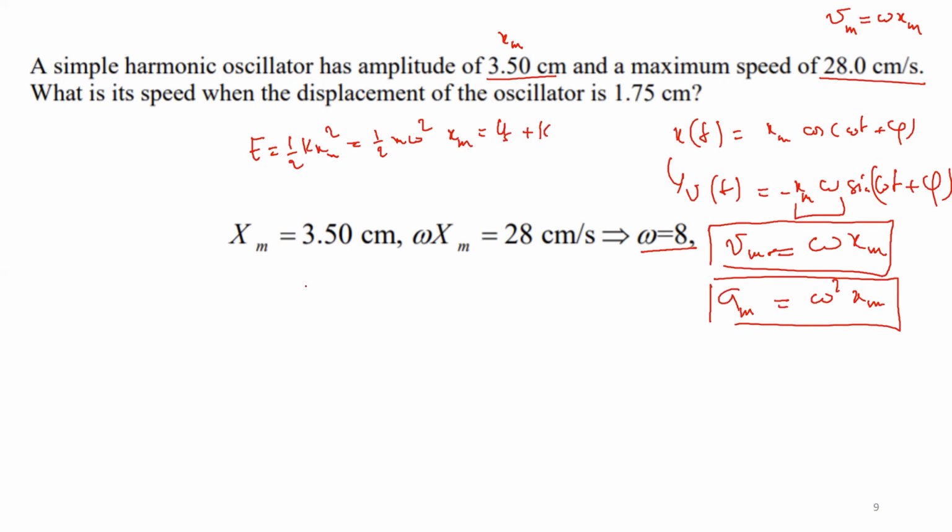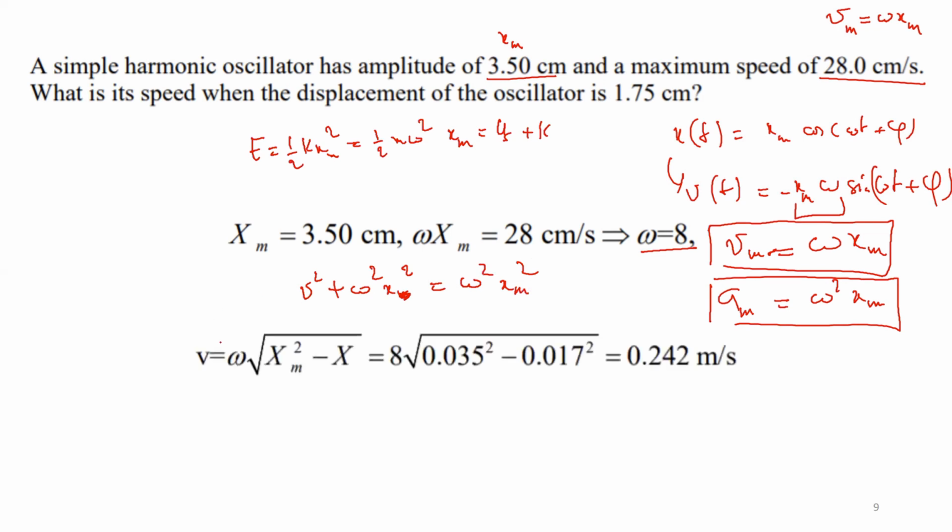We said that you will have basically V square plus omega square x max x square is equal to omega square x max square. We already demonstrated this. So this gives you V is omega square root of x max square minus x square. Here you see the mistake. This is a typo. They forgot the x square, but you know that it should be an x square, right? Good. You apply it and you get your answer.